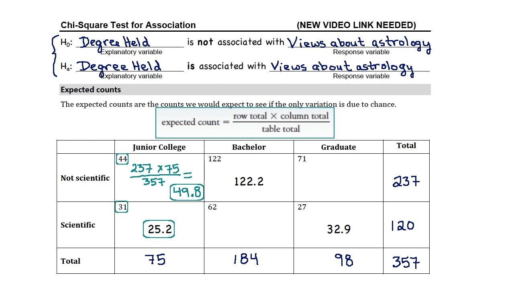So go ahead and pause this video right now and calculate the missing expected counts for graduate not scientific and for bachelor scientific, the two empty ones, and then resume the video and see if your answers match mine.